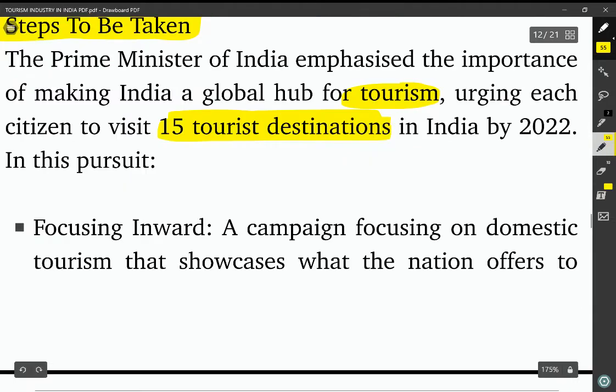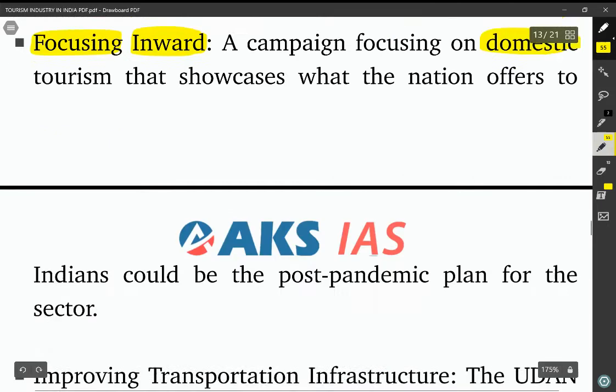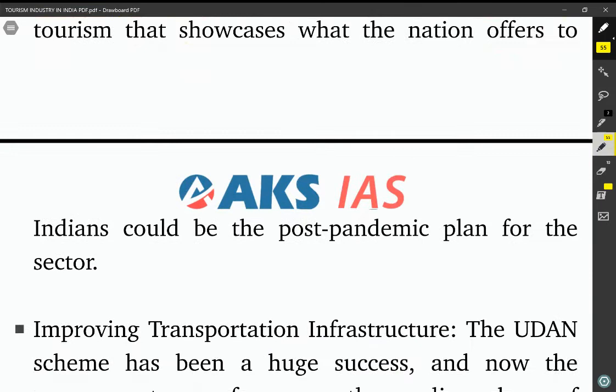However, in this pursuit, there are certain important steps that have to be taken. Number one is to focus inward. What is this? A campaign focusing on domestic tourism that showcases what the nation offers to Indians could be the post-pandemic plan for the sector.